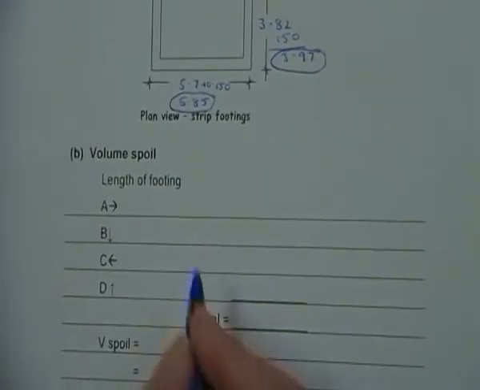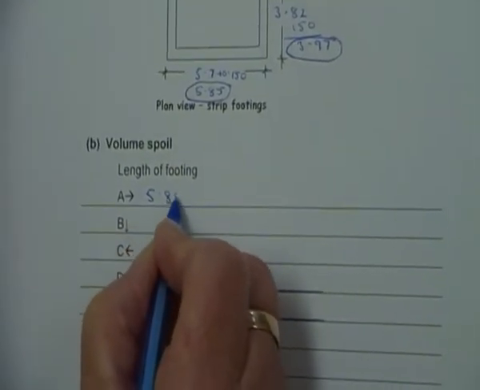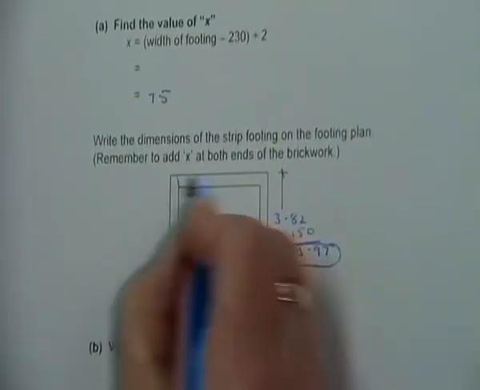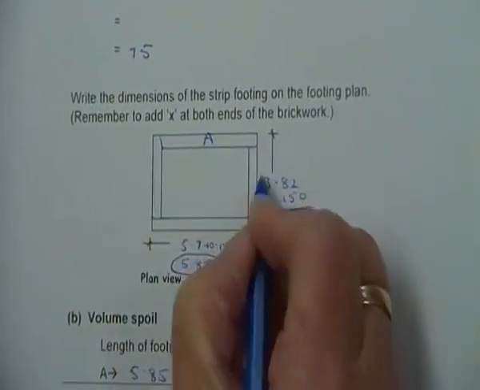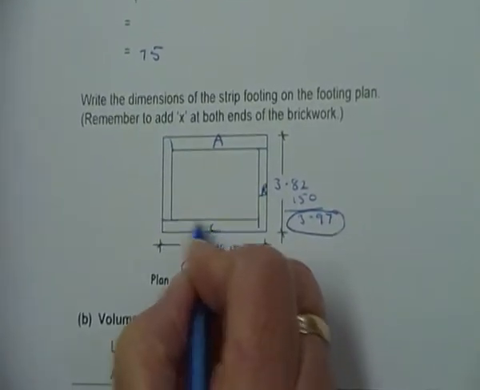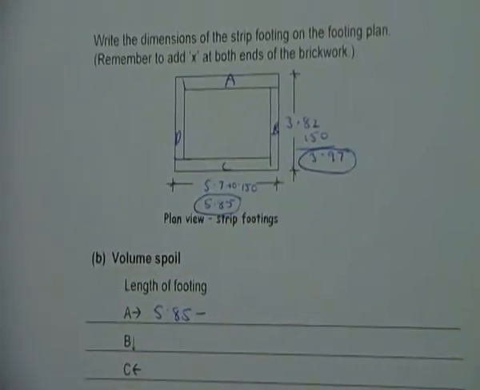So now once we have our new dimensions of 5.85 and 3.97, we can work out the length of our footing. So we look here and it's 5.85, and when we do our intos and overs, this is A, B, C, D, we're minusing the width of the footing.